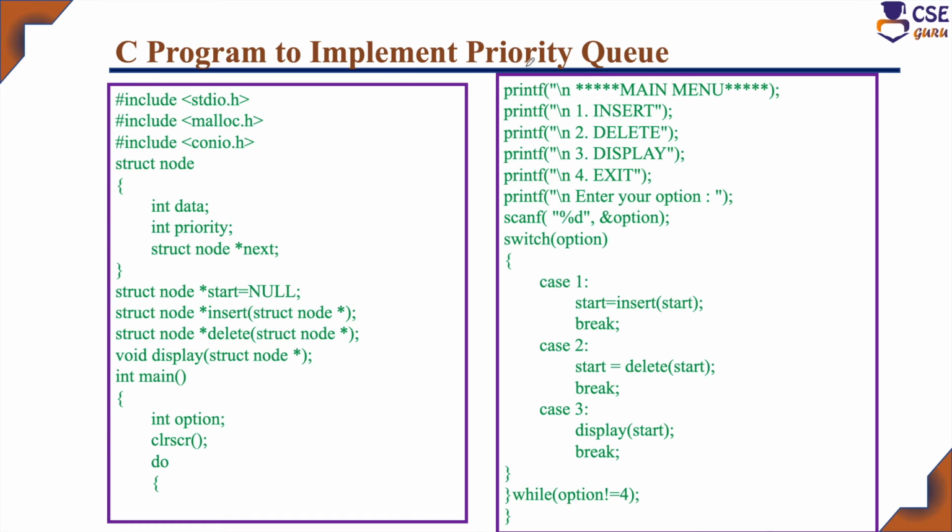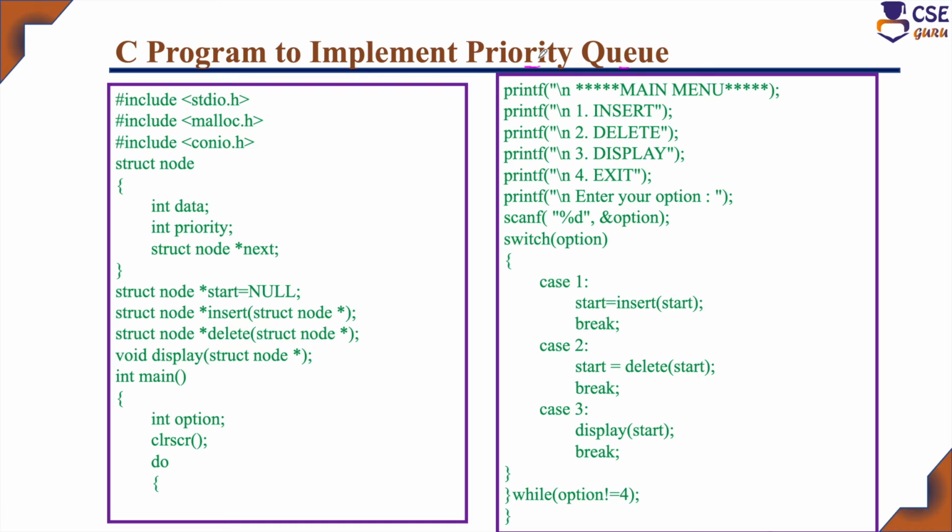So, what do you mean by priority queue? Priority queue is nothing but a queue data structure with one extra rule. That is, each element in the priority queue will be assigned a priority. Based on the priority only, the element will be processed. That is, the element having the highest priority will be processed first.